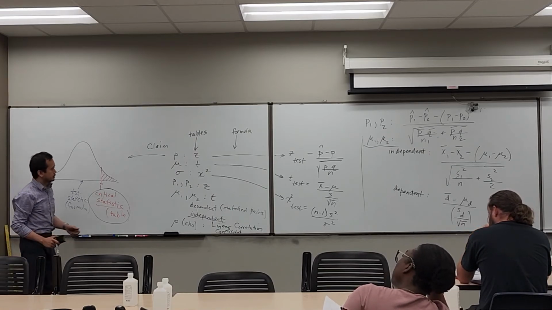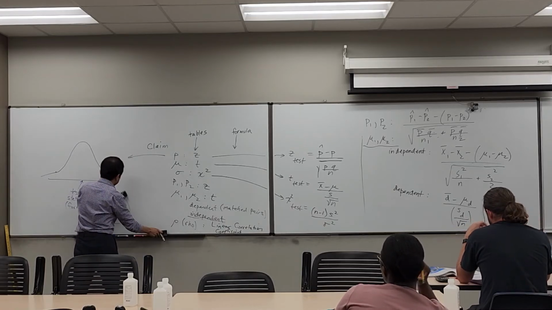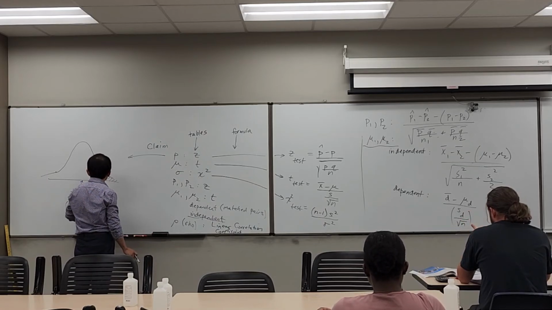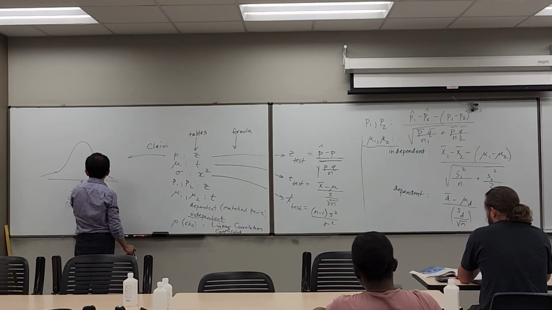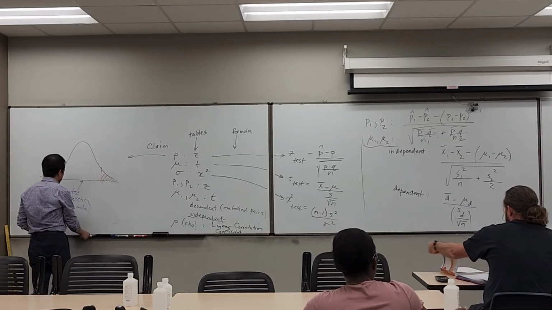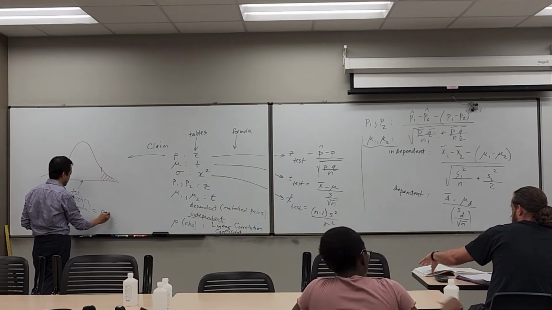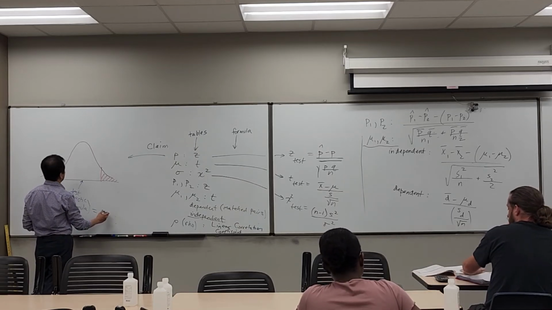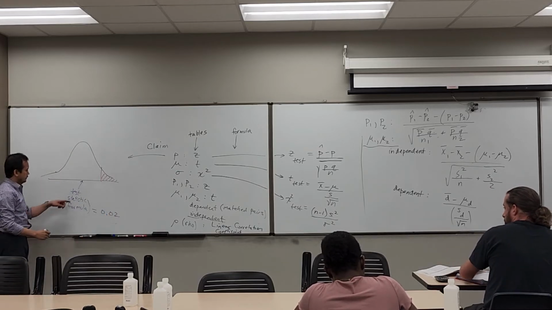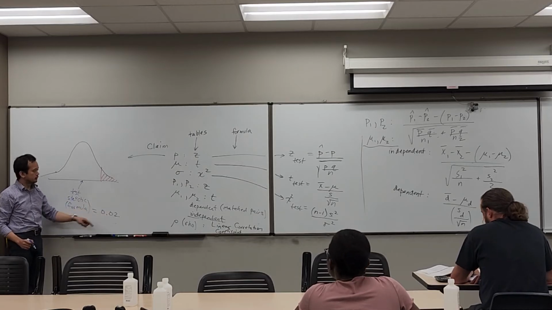Can we do one? Yeah, sure. So let's say we have this test statistic that has a z-score, a z-test of 0.02.